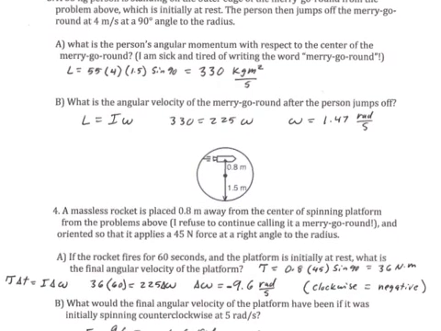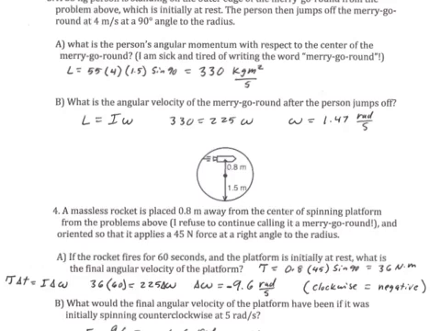I love this one. So I got a rocket, a massless rocket, by the way, from our massless frictionless door. It's bolted to the rotating platform, and it's 0.8 meters away from the center of it. And because its thrust is at a 90-degree angle to it, it's going to cause this to want to spin this way, which is in the negative direction.